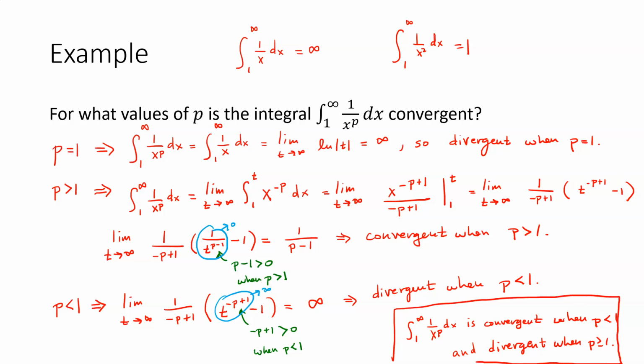And so in a way what we've done is we've classified all the different possible cases for this particular family of functions 1 over x to the p.